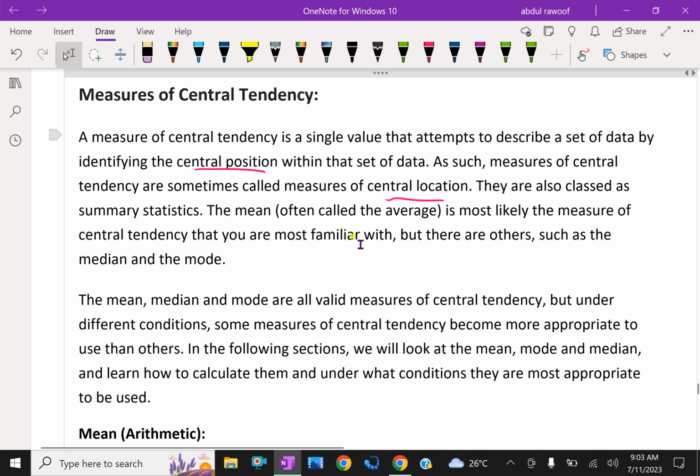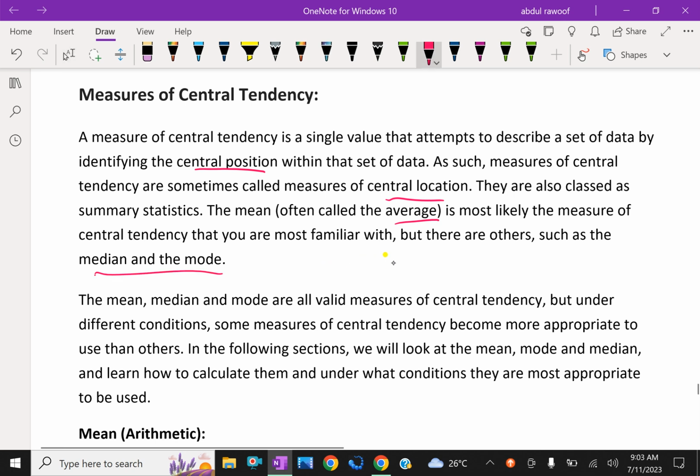The mean, often called the average, is the measure of central tendency that you are most familiar with, but there are others, such as the median and the mode. We have to discuss them one by one.